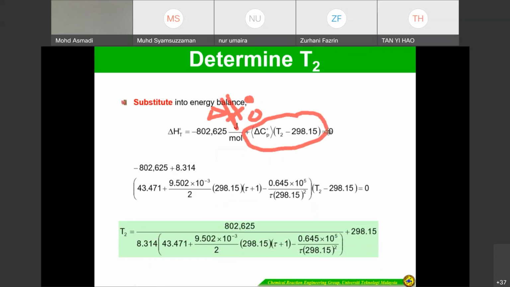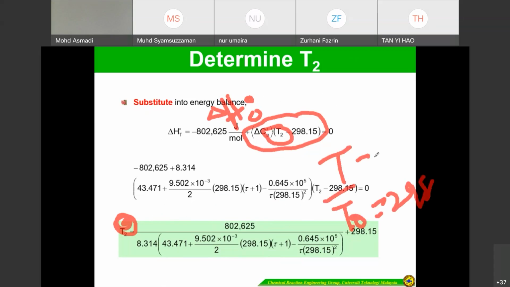Okay, just substitute, rearrange this equation, express in terms of T2. Okay, and then you can guess a value of T2. Any value, generally more than T naught, because when it enters at 25, just guess around 100 or 200, 300, 500. Any value, it doesn't matter. Okay, once you determine T divided by T naught, for example, this one is 298, right?